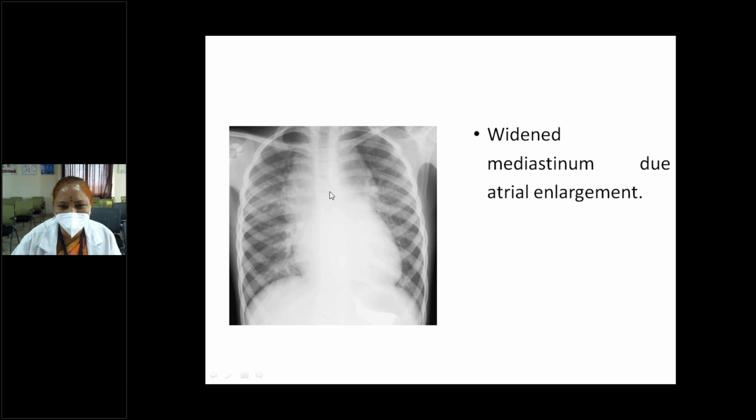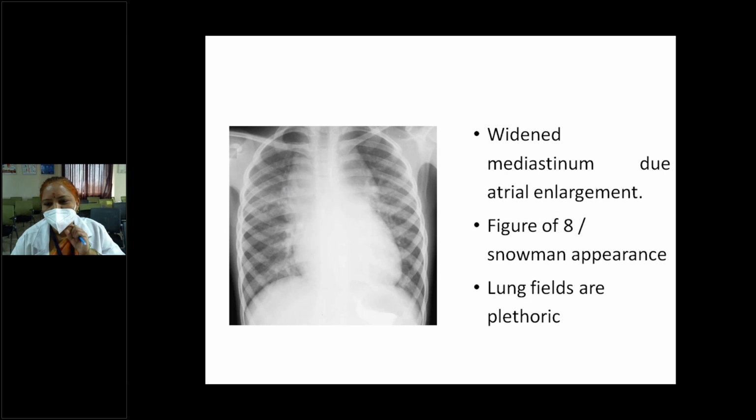Figure of 8 appearance, or a snowman appearance. The widened mediastinum is due to atrial enlargement, both right and left atrium enlarged, and the lung fields are plethoric. Seen in which condition? Figure of 8 or snowman appearance, a PG entrance bit.